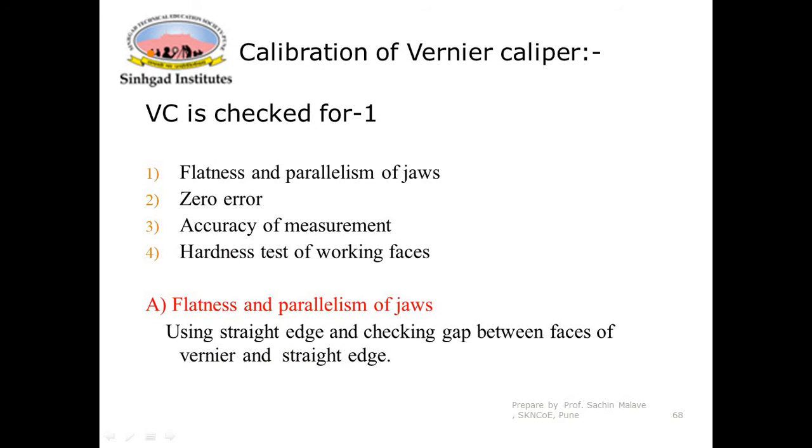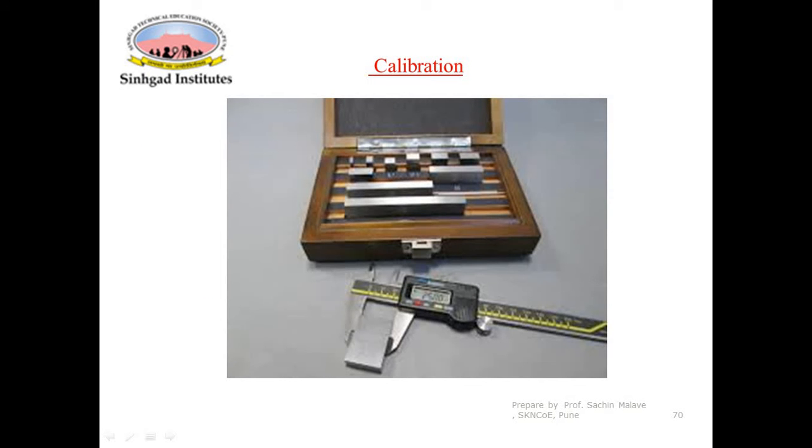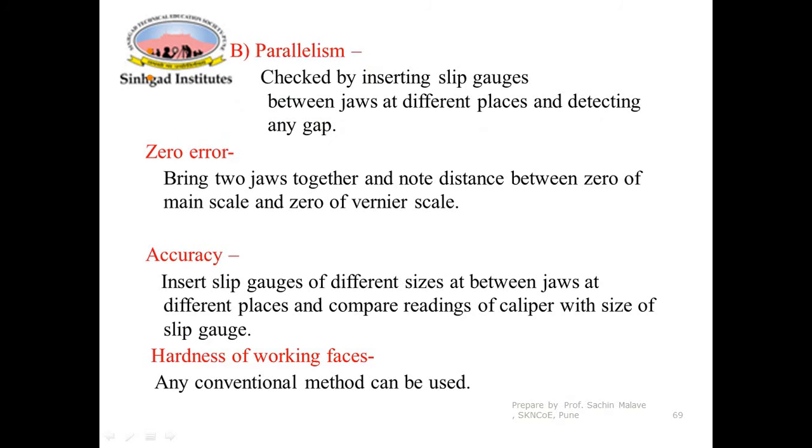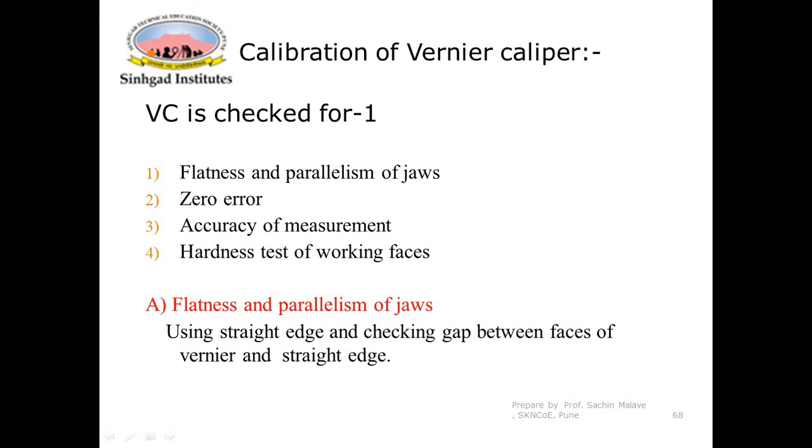Flatness and parallelism of the jaws means these jaws must be parallel to one another, because the distance is measured across two parallel surfaces only. If the two jaws are not parallel to one another, it will give you a false reading. So these are checked. Then second is zero error.